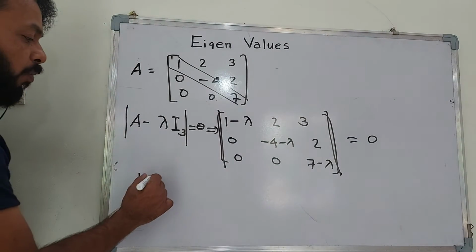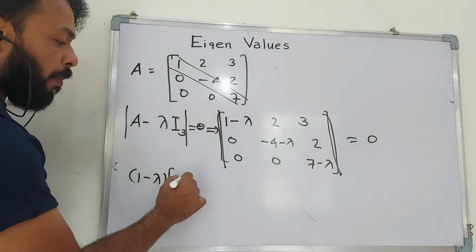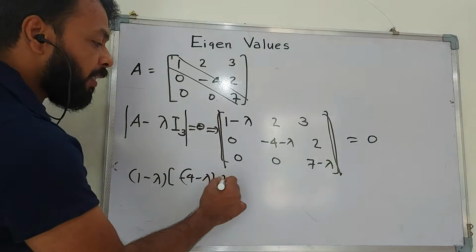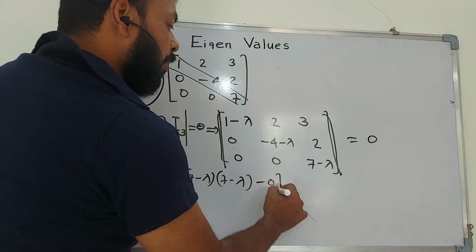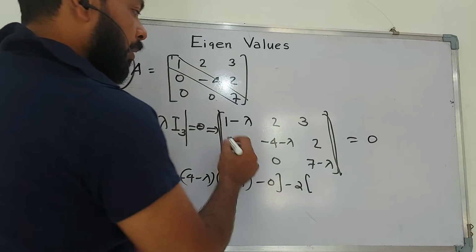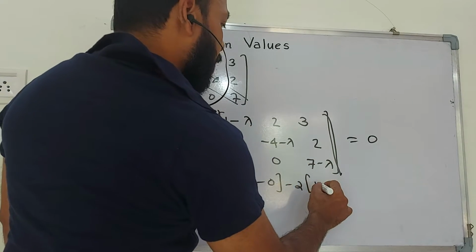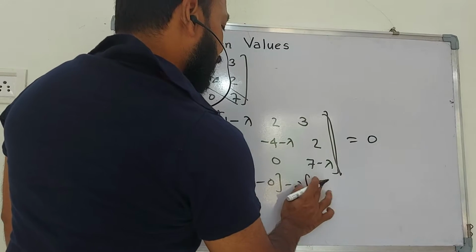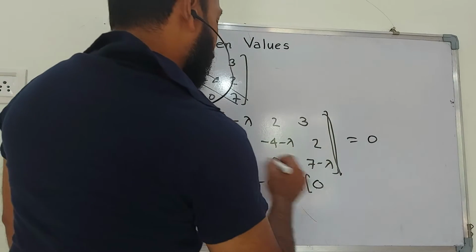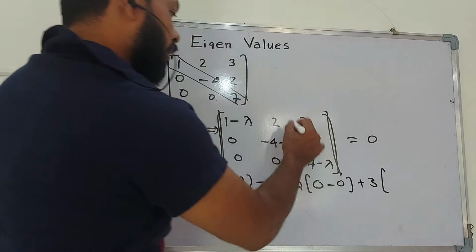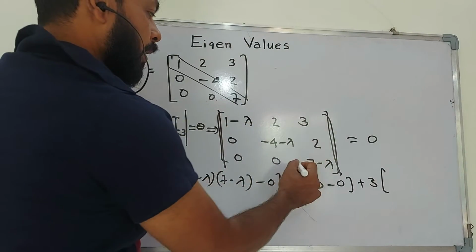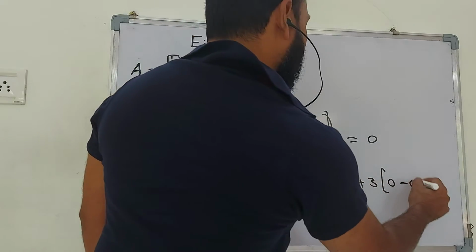Expand, this is 1 minus lambda into minus 4 minus lambda into 7 minus lambda, minus 0 minus 2 into 1 minus 0 minus 0 plus 3 into 0 minus 0.